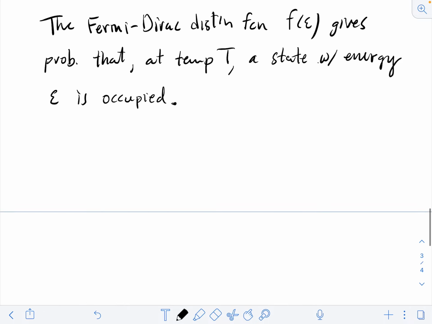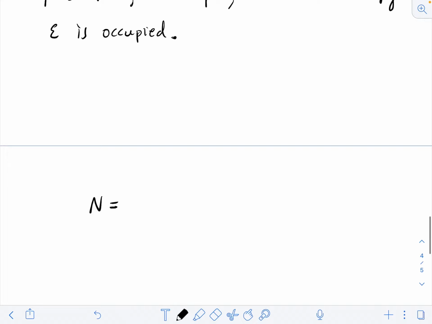Well, we might also be able to write this as the same sort of integral, but if I multiply by the Fermi-Dirac distribution, which is a probability distribution, then I could extend my integration range from 0 to infinity, because, for example, at t equals 0, this function is going to be equal to 1 for energies up to the Fermi energy, and then it's going to be equal to 0 above the Fermi energy.